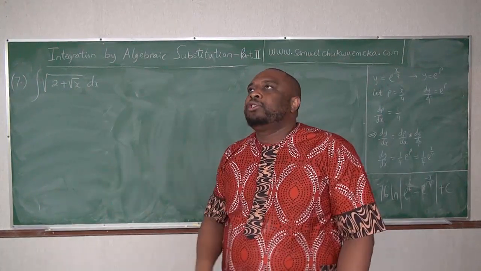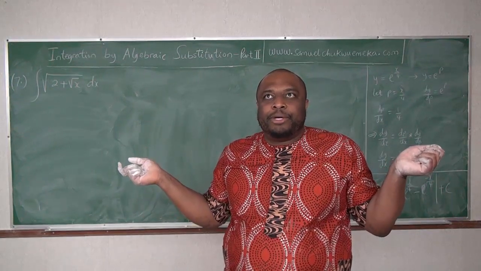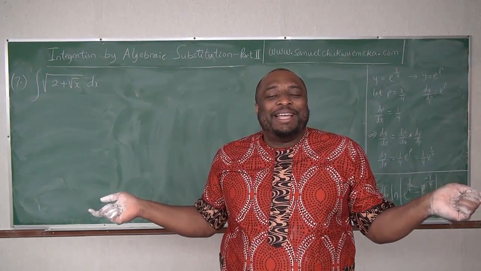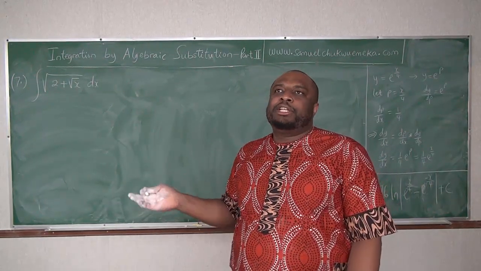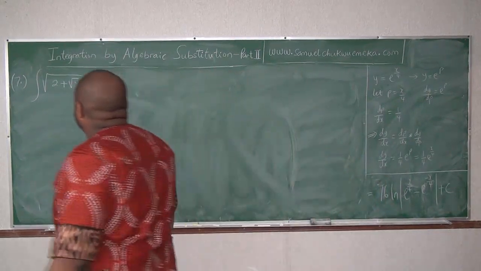So let's use the radicand inside the big radical, because here you have two radicals.